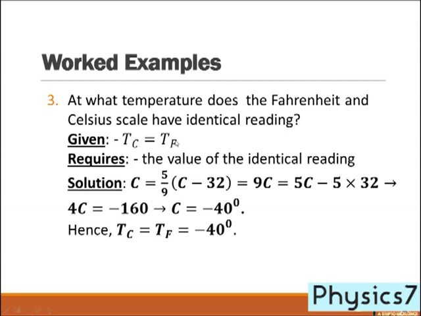So if the temperature in degrees Fahrenheit is the same as the temperature in degrees Celsius, then this value here will be C. So we put that in, and then we derive a linear equation, which basically is that 9C, when we bring the 9 over to this side where we have the C, 9C is equal to 5C minus 5 times 32.